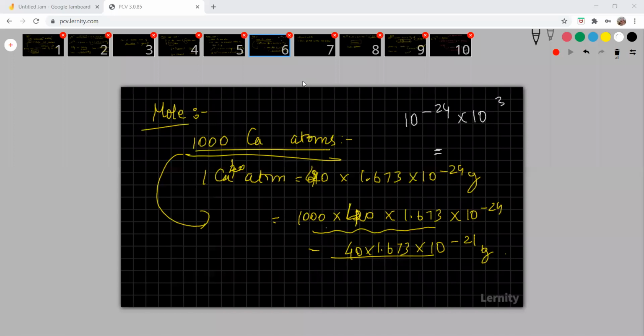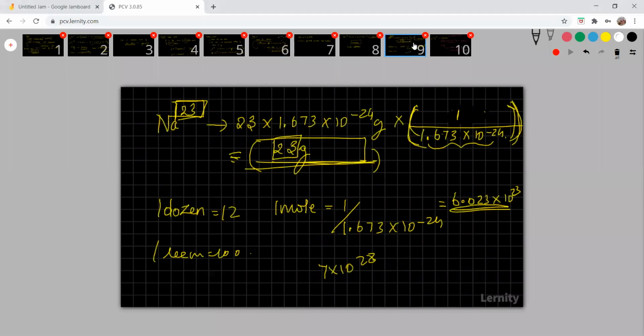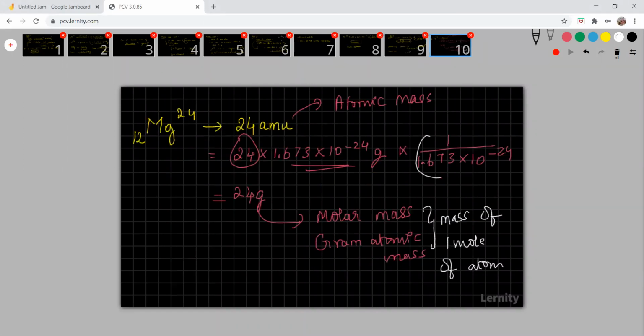Molar mass is a formula unit mass. Okay, we'll look at that soon. Now listen here. 1 mole is nothing but just the number of particles. It's not related to mass or anything. So what we have calculated is 1 mole is 6.023 into 10 power 23. Clear? That is 1 mole.